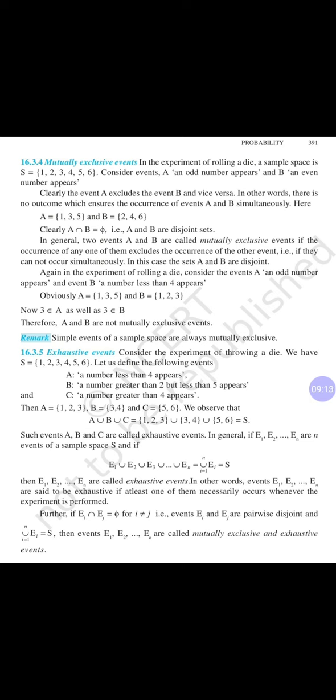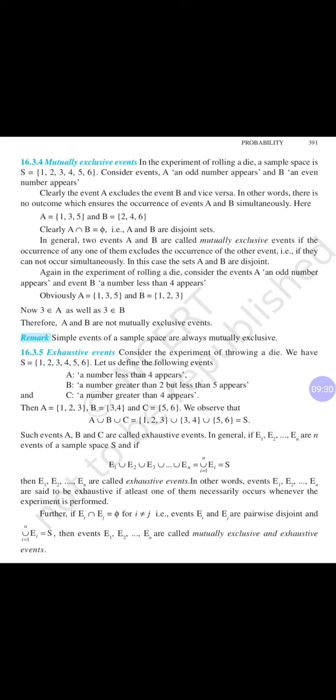Like here it is written A is equal to 1, 3, 5 and B is equal to 2, 4, 6. Now look here, in these two sets no element is common, so these two sets will be mutually exclusive.